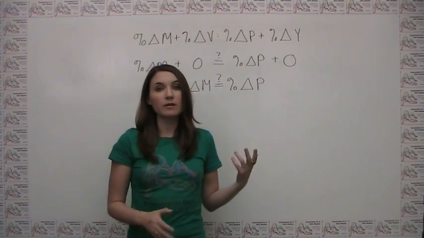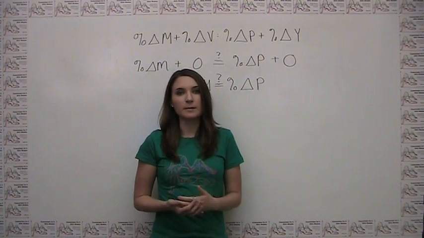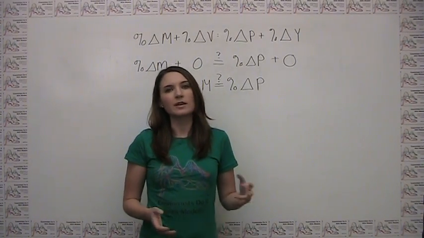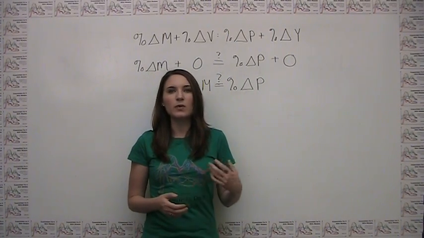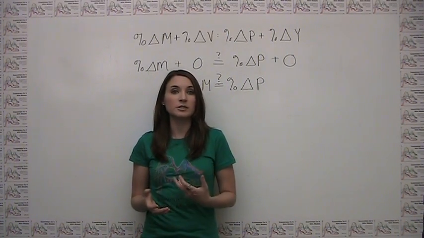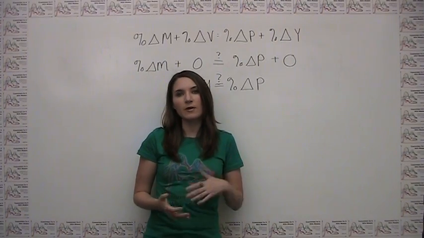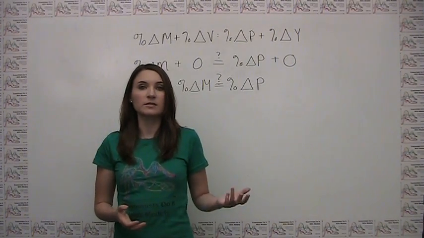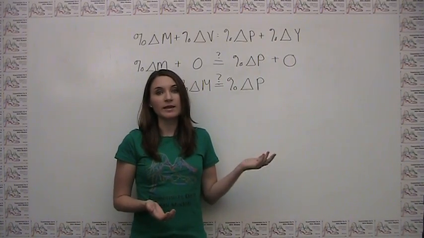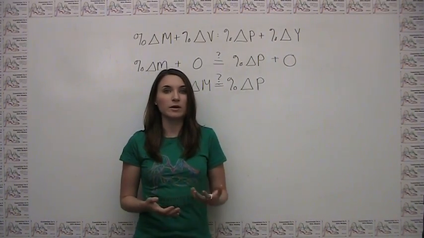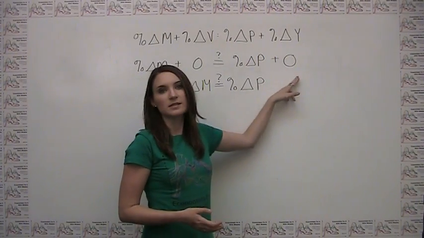The effect of money on real output, however, is a bit less clear. Most economists agree that in the long run, the level of goods and services produced in an economy depends primarily on the factors of production, such as labor and capital, available and the level of technology present, rather than the amount of currency circulating, which implies that the money supply can't affect the real level of output in the long run, which would give us this zero here.